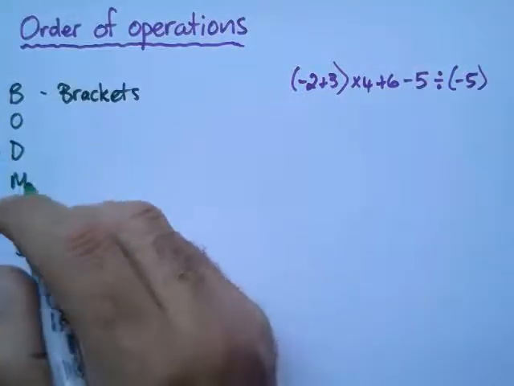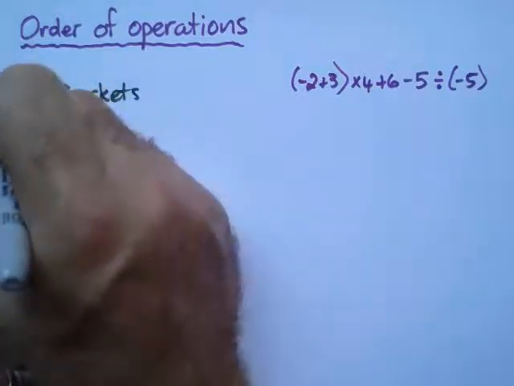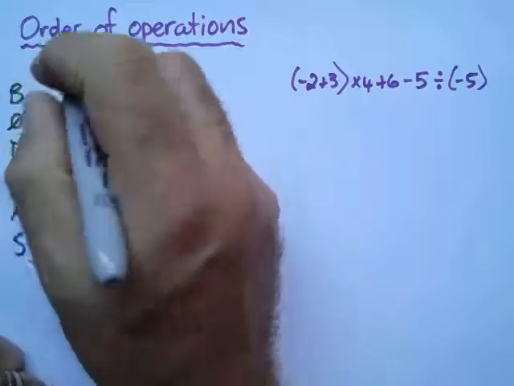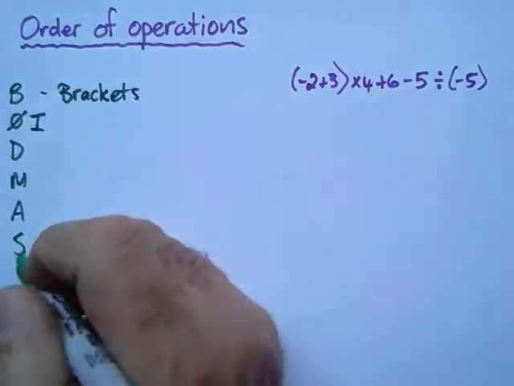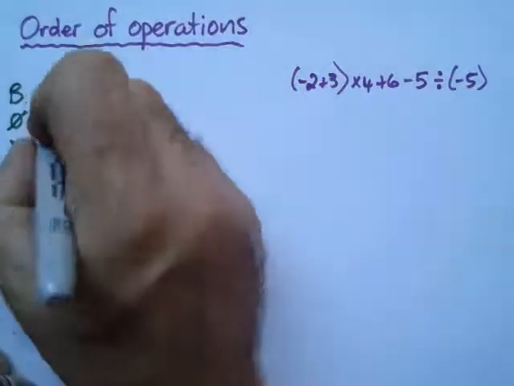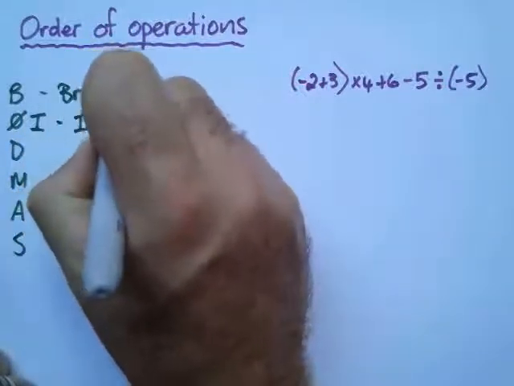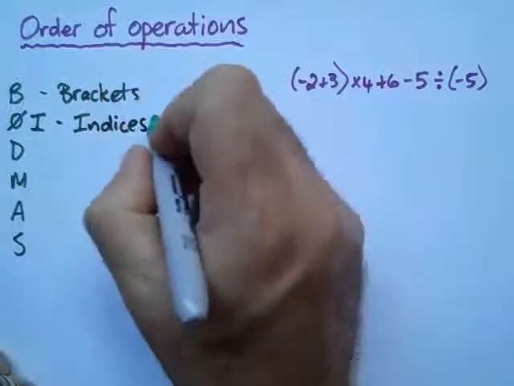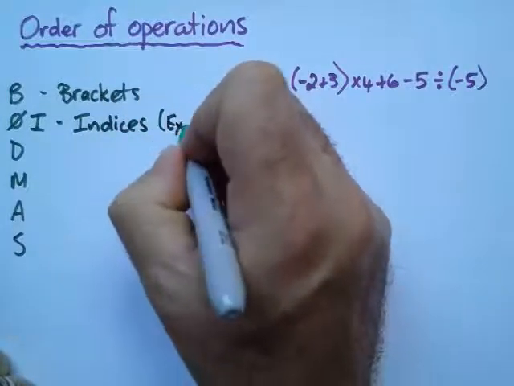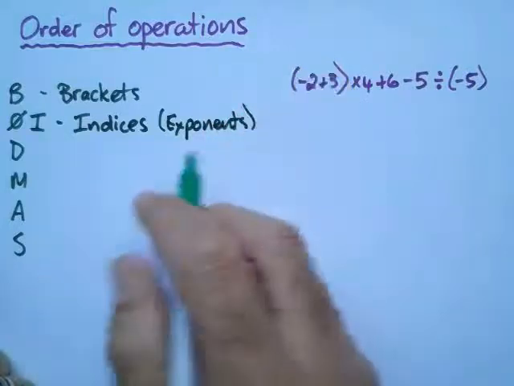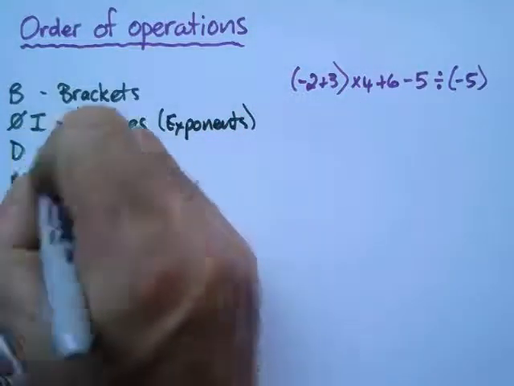Now, order is an old word that actually meant powers or indices. So I'm going to change BODMAS to BIDMAS, where I stands for indices, and that is exponents, to the power, which we're not going to do a lot of at this stage.